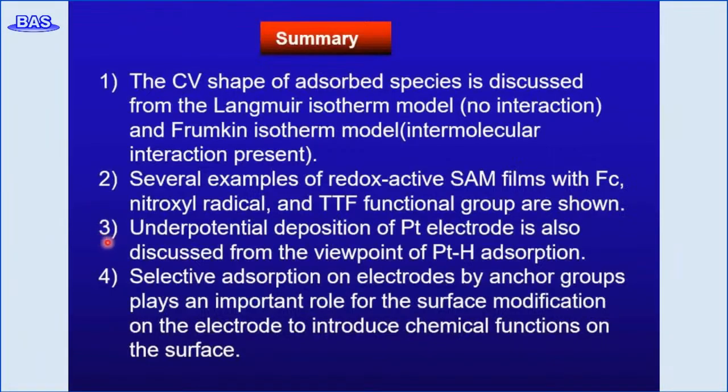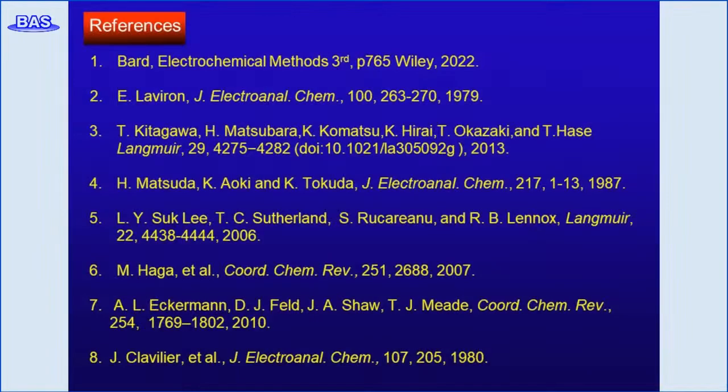And the underpotential deposition on platinum electrode is also discussed from the viewpoint of platinum-hydrogen adsorption. Selective adsorption on the electrode by anchor groups plays an important role for surface modification and chemical functionalization on the surface. Here are the references, and thank you for listening.